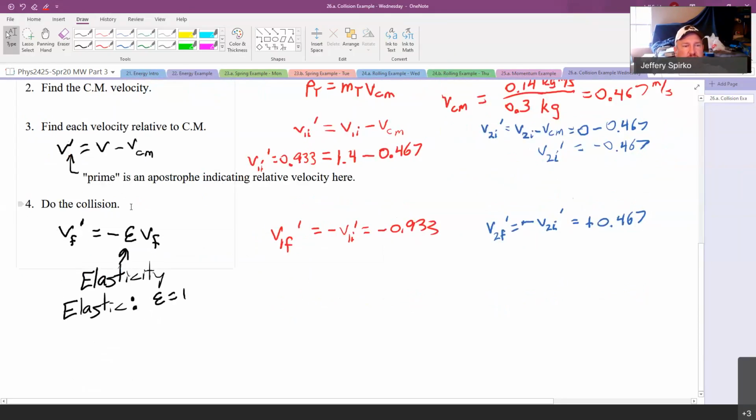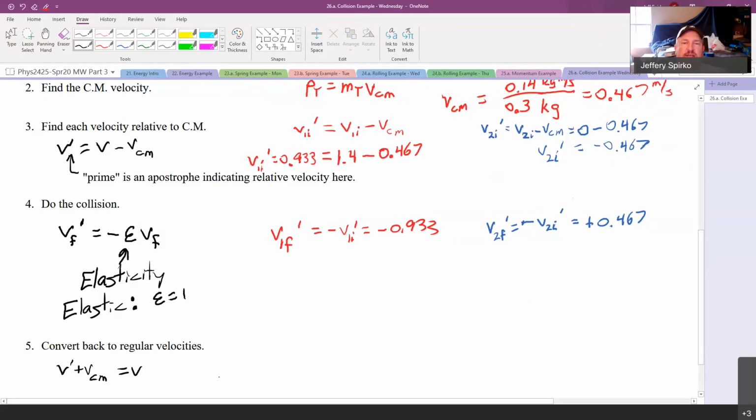So now we have our step 5. We convert back to regular velocities. And take this formula that generated the v prime and just add v center of mass to both sides. Then you get v prime plus v center of mass is equal to plain v.